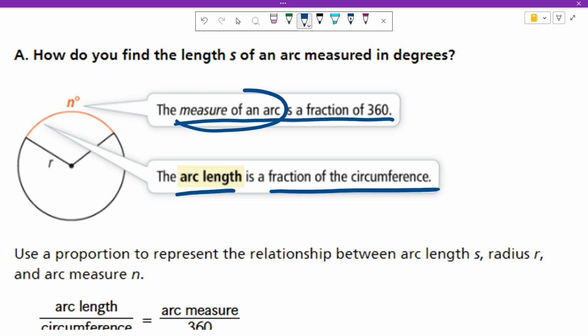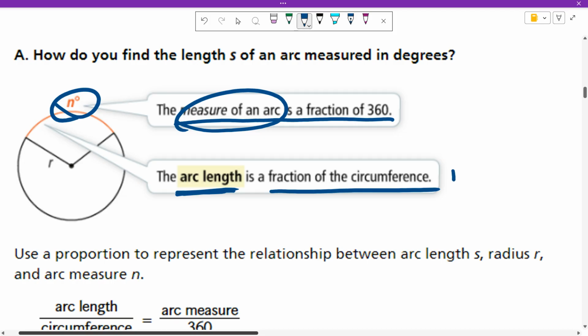So the measure of an arc is in degrees. Arc length is in centimeters or whatever they're measuring in. Okay? It's a distance. This is in degrees. This is basically an angle measure.